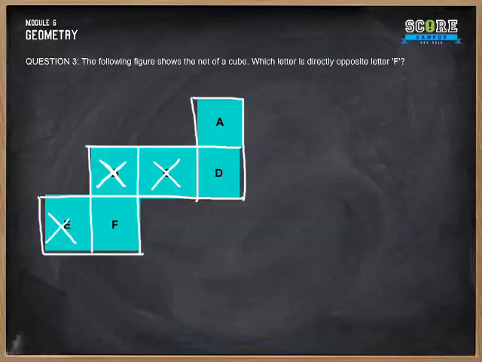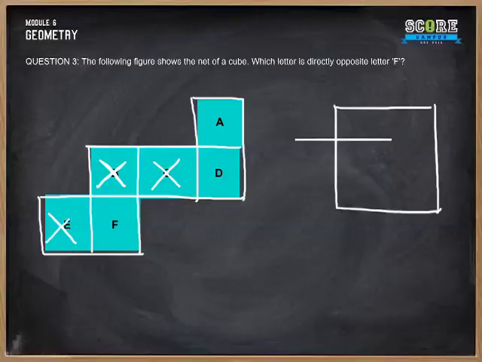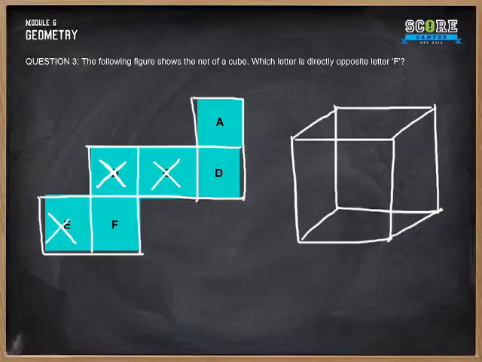Alright, to find out whether it is going to be the letter D or A, let's draw the cube. We already know it's not going to be C, B, or E. Let's name them, let's give them a letter, and then we can see how it goes from there. So let's start off with F, okay? And you realize that E is going to be right next to it on the left hand side.